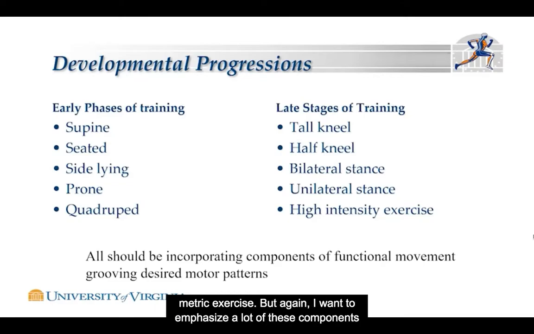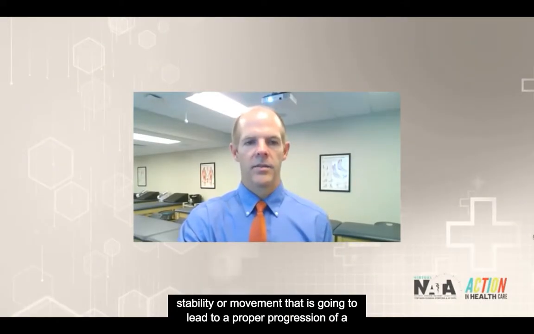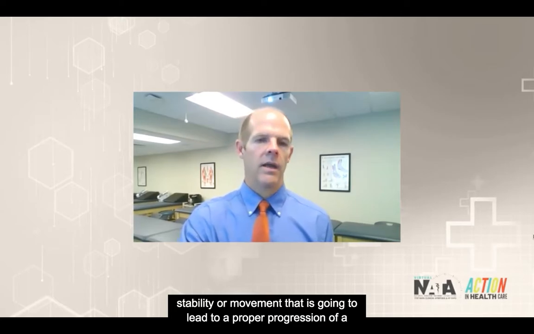But again, I want to emphasize that a lot of these components should incorporate some sort of functional movement that you want to move into your patients, to start them with that stability or movement that is going to lead to a proper progression of a movement pattern.